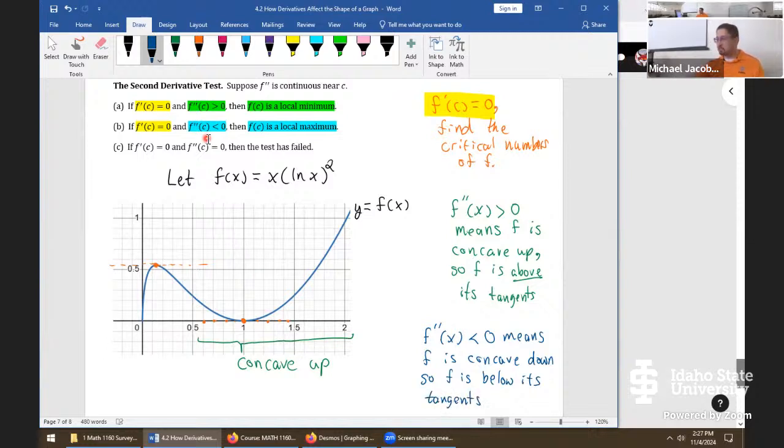So where is it concave down? The curve has to be below its tangent lines. It looks like in this region, we've got concave down. So let's say from about here to here. The domain starts at 0, excluding 0. So from this region here to here, about, we have concave down. Well, any questions so far, folks? Talking about these steps, these connections with concavity?